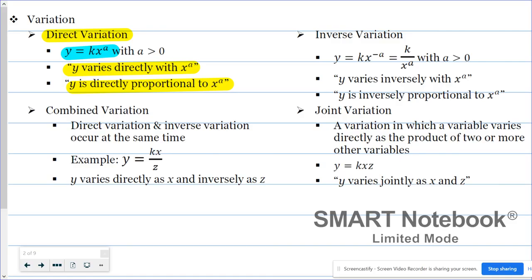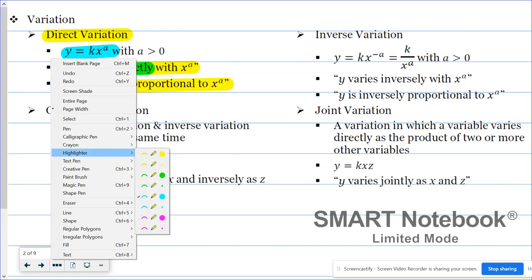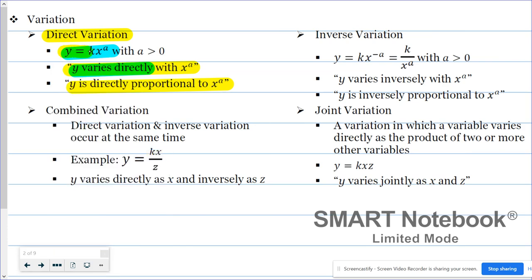When they say y varies directly, you're going to write y equals k times. And then they'll tell you with x, and they might use some wording that indicates an exponent, so just listen for that. But the y varies directly part, that's when you write down y equals k times something.